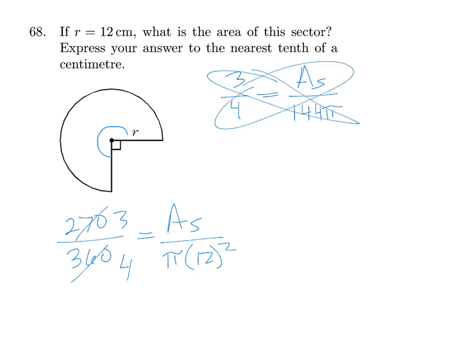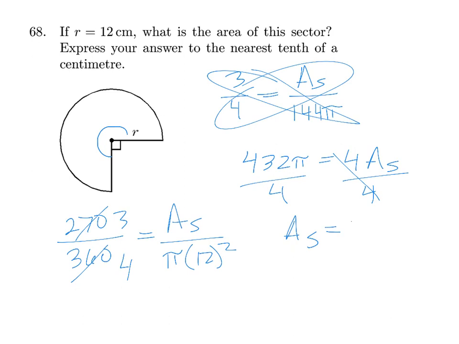Cross multiply, and I get 432 pi is equal to 4 A sub s. So I divide by 4, and A sub s is equal to 108 pi. If I plug in pi and round it, I get 339.3 centimeters squared.